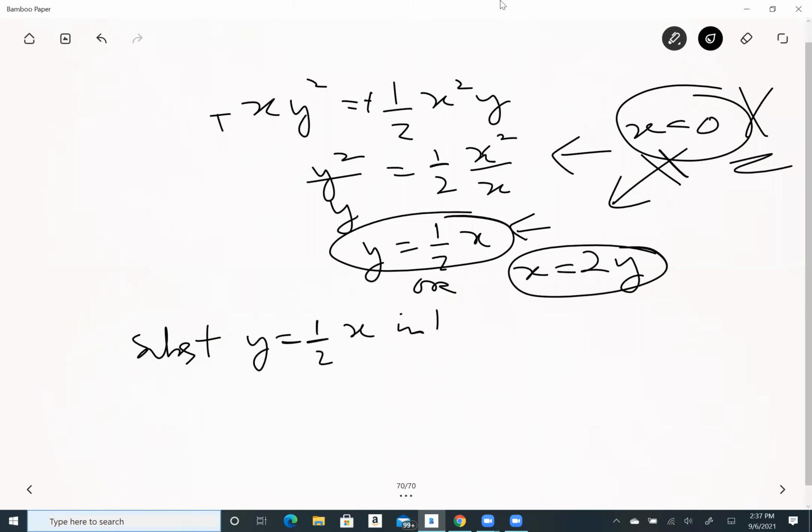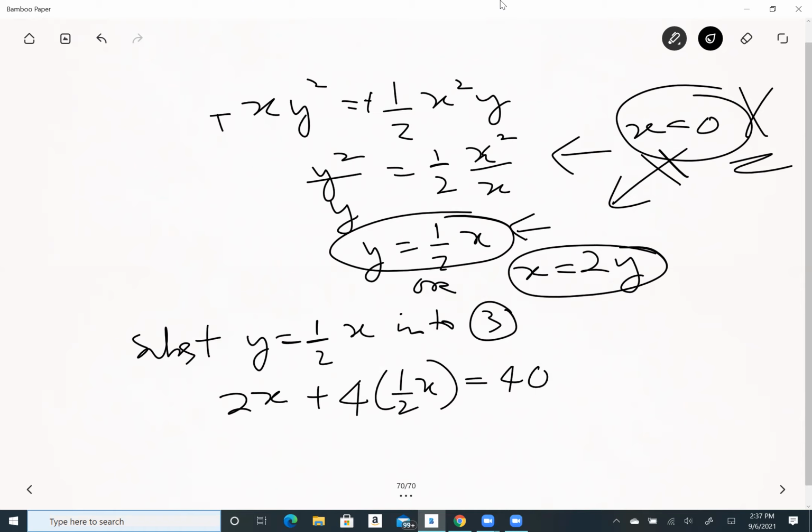All right. So therefore, what do we get? You got 2x plus 4y, y is half x, equal to 40.